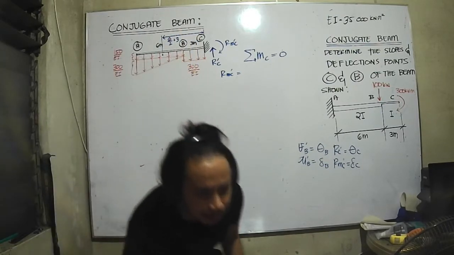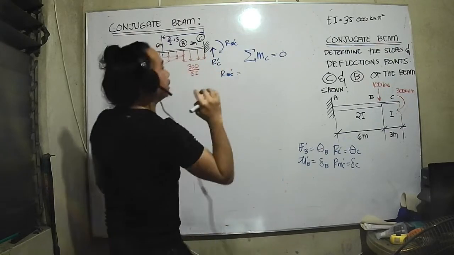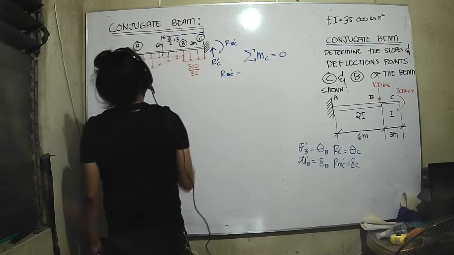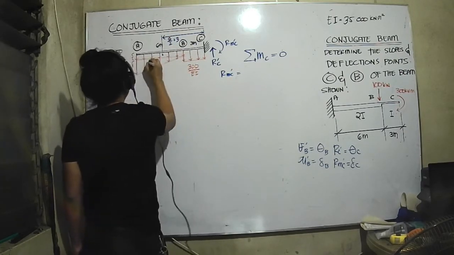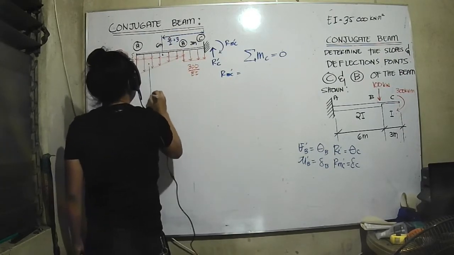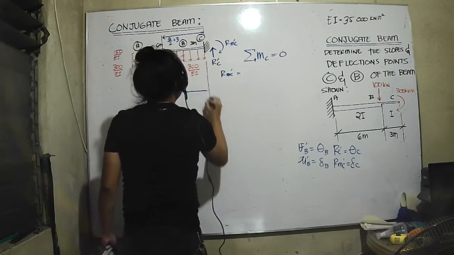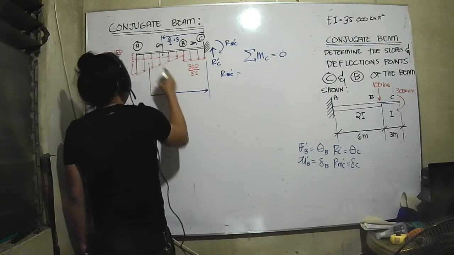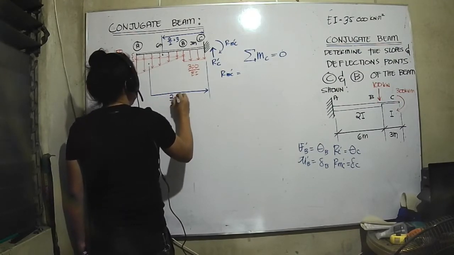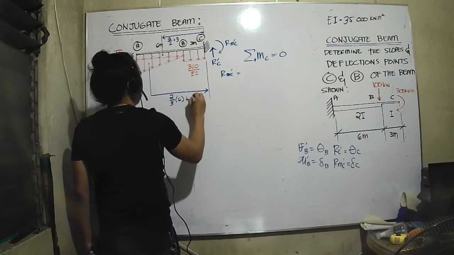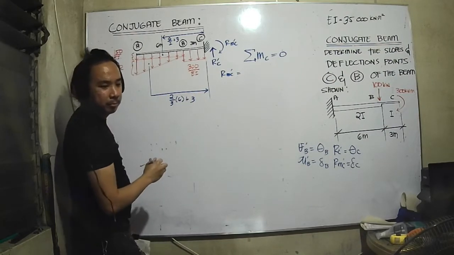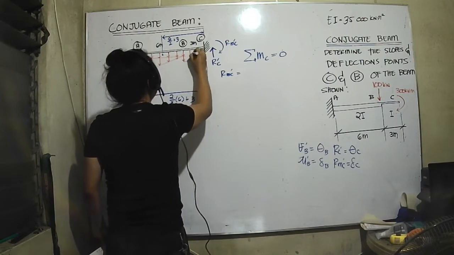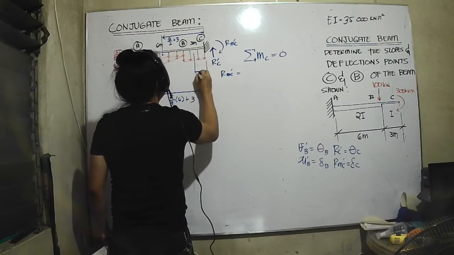I hope that is clear. For the triangle, the centroid is at a distance of 2/3 of 6 plus 3. Finally, the centroid of this one is just 3/2.